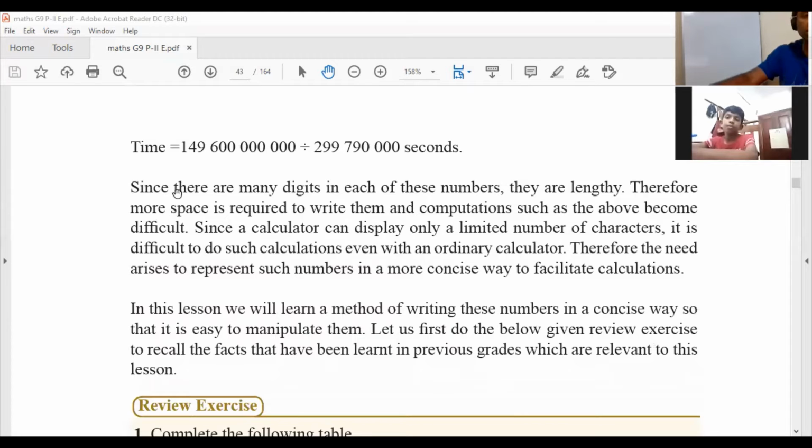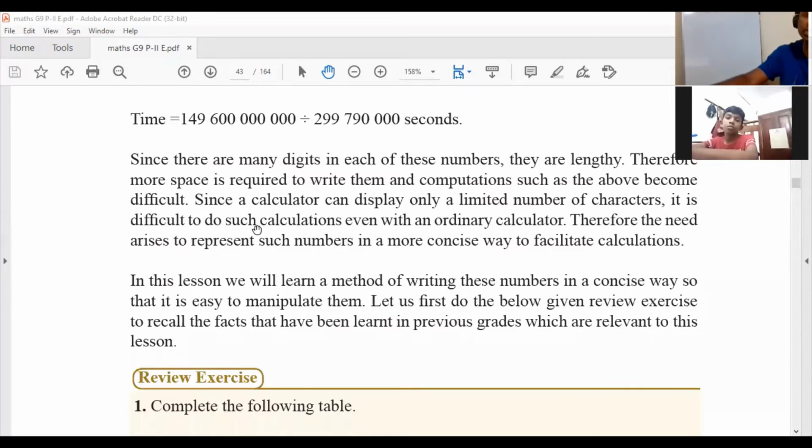Since there are many digits in each of these numbers, they are lengthy. Therefore, more space is required to write them, and computations such as the above become difficult. Since a calculator can display only a limited number of characters, it is difficult to do such calculations even with an ordinary calculator.